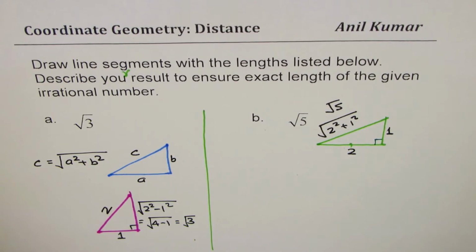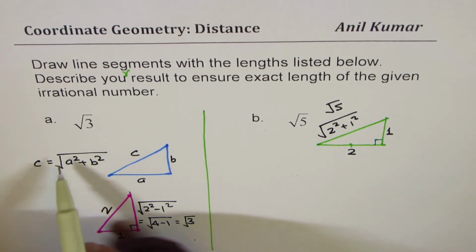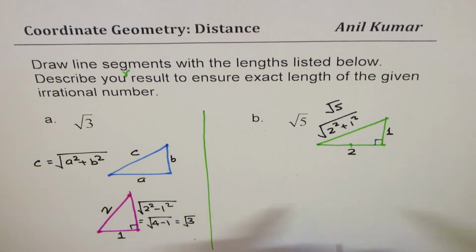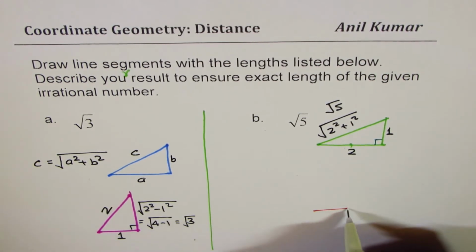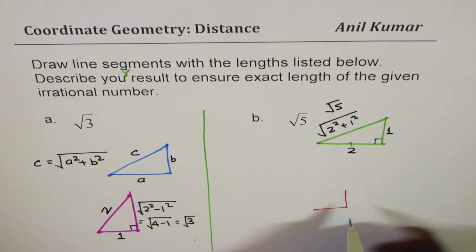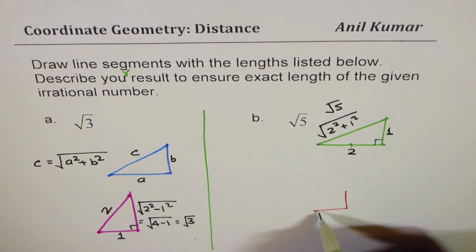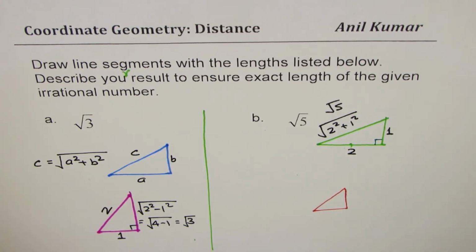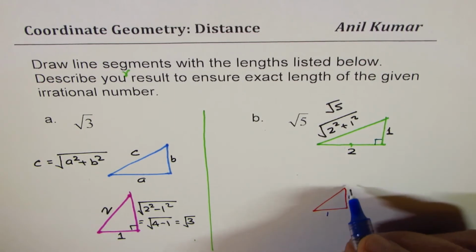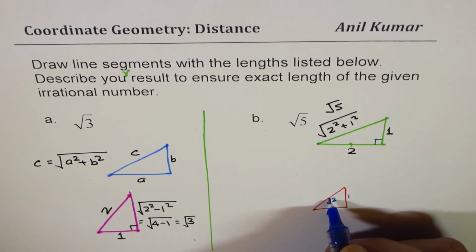Well, the standard technique which most will be talking about is a very ancient and very good way of representing all these irrational numbers. It is like this. If you have 1 unit here and 1 unit like this, in that case, this diagonal will be square root 2, right? If this is 1 and this is 1, then this diagonal will be square root 2.